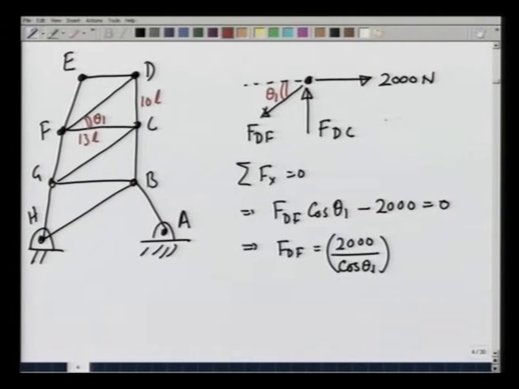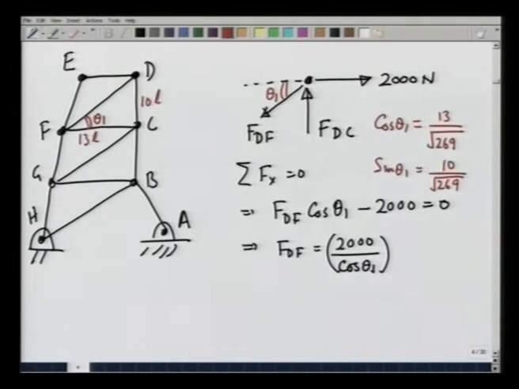Notice that cosine of theta 1 from here is going to be 13 over square root of 269, and sine of theta 1 is going to be 10 over square root of 269.